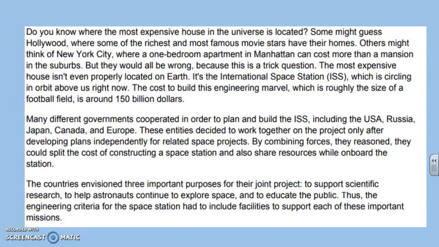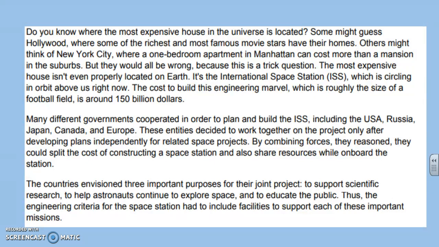If we look at this particular section of a passage, we're going to look at each paragraph together, and then we're going to determine what the main idea or what we would want to chunk, what seems to be most important from each section. So if we look at paragraph number 1, it says, "Do you know where the most expensive house in the universe is located? Some might guess Hollywood, where some of the richest and most famous movie stars have their homes.